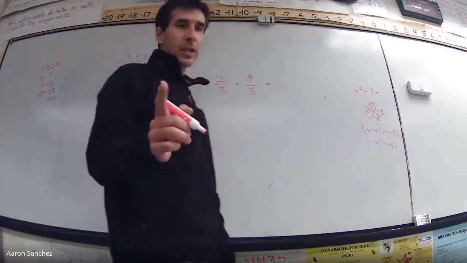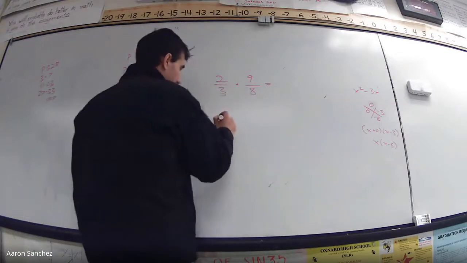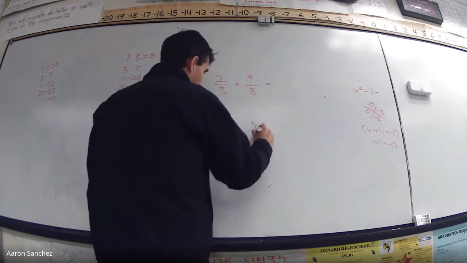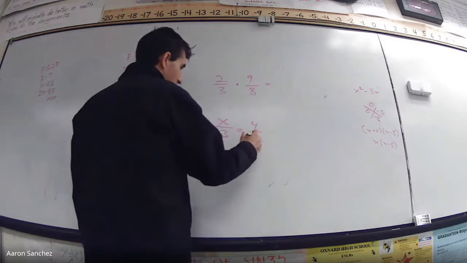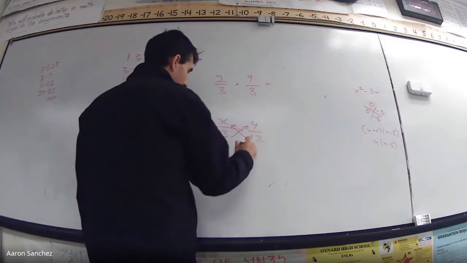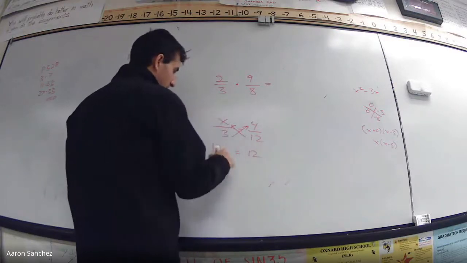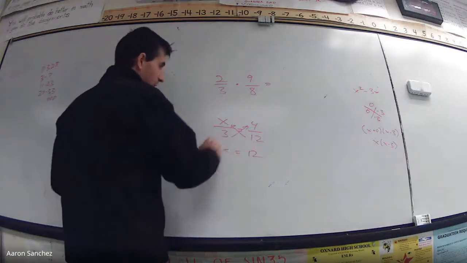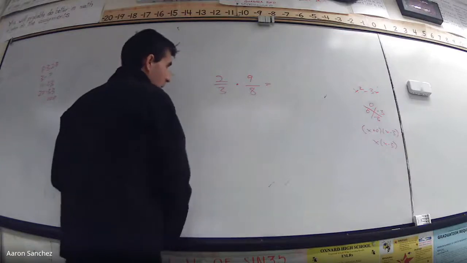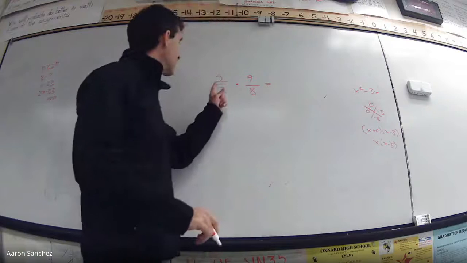Okay, now you're getting that confused with, if I have like, don't write this down, x over 3 equals 4 over 12. If there's an equals, then you can cross multiply 12 times x and 4 times 3, and then you can solve for x. But that's only if there's an equal sign. Anyway, no, not quite cross multiply.